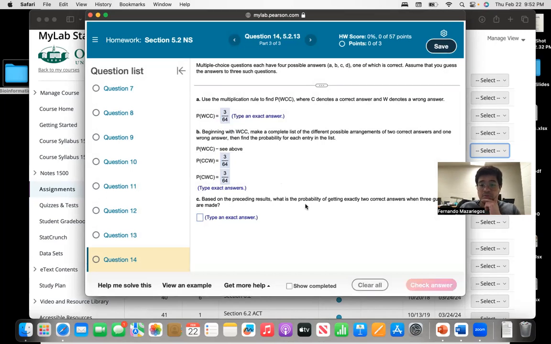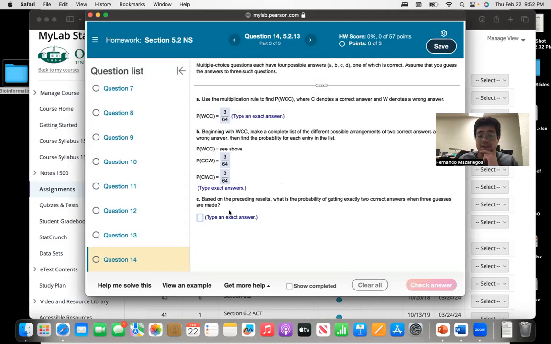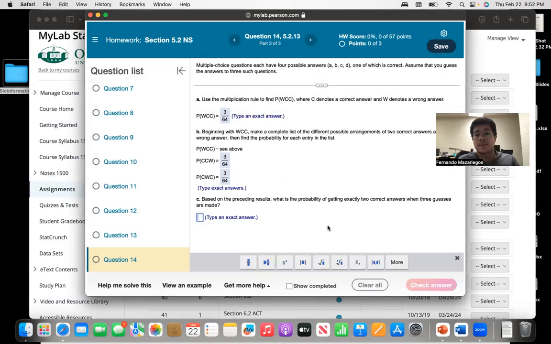Based on the preceding results, what is the probability of getting exactly 2 correct answers when 3 guesses are made? So this is important, and this is why we have a combination in the formula for the binomial distribution. Because we are choosing all the possible outcomes where we have 2 correct answers and 1 wrong answer. We can see there are 3 of them. So we have 3 cases.